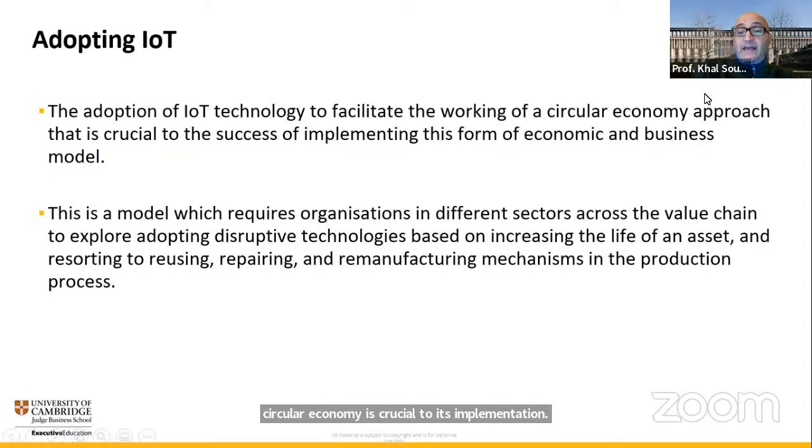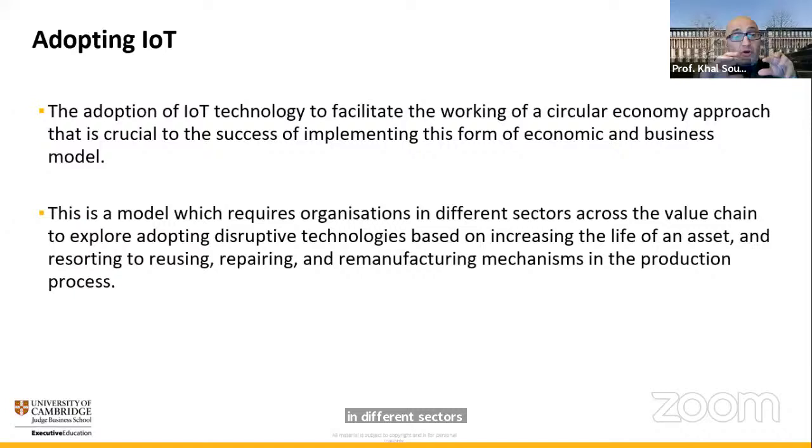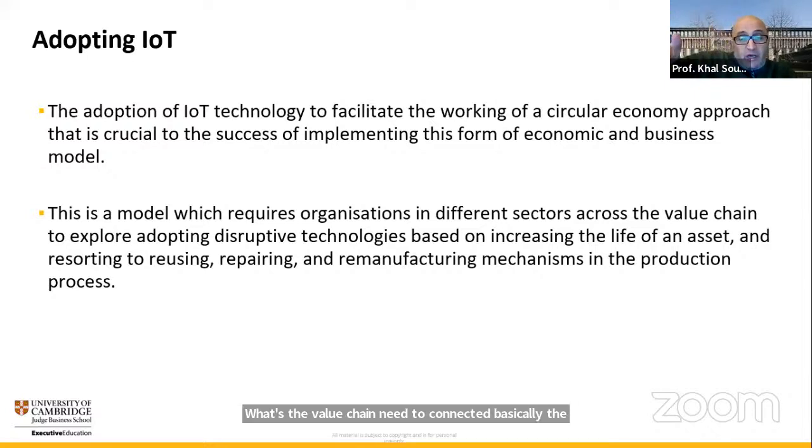What I would like to say here is that organizations in different sectors across the value chain need to connect the different elements of their value chain, with regards to the assets, the machines, the gadgets, the devices that they have, in order to capitalize on what can be reused, repaired, remanufactured.